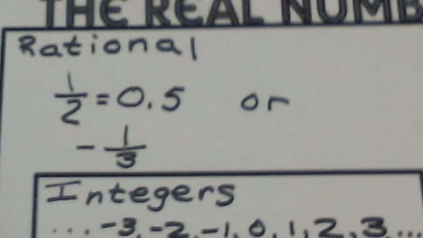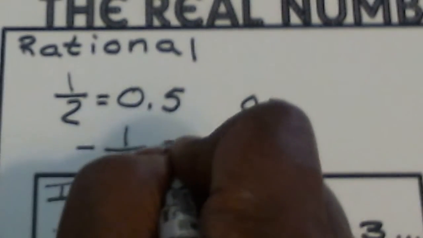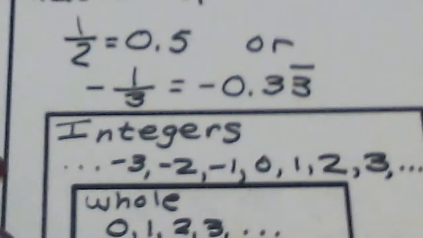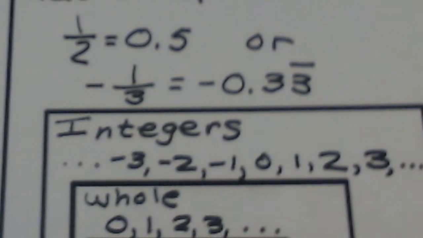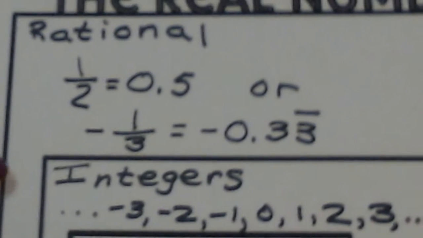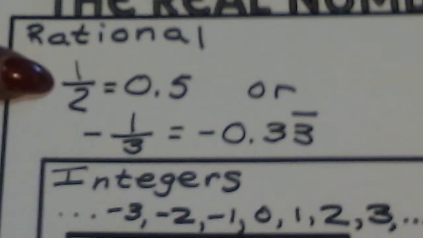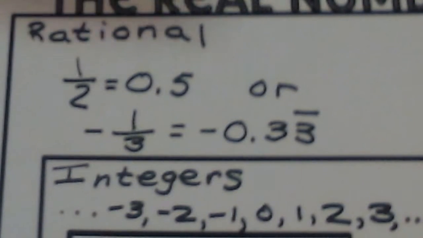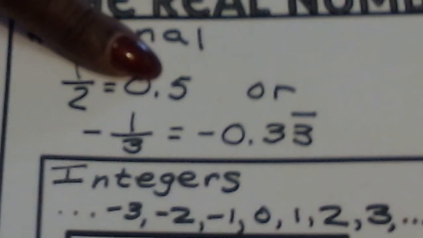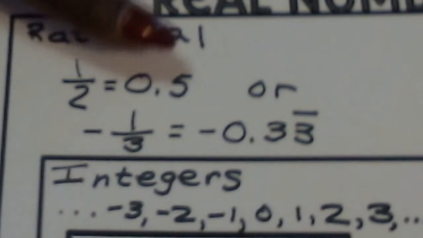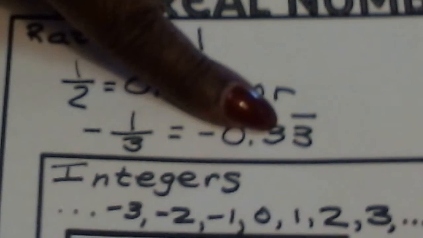So we can have -1/3 which if we write it as a decimal is negative 0.33. The 3 will repeat indefinitely. So rational numbers are numbers that can be written as a fraction. They can be both positive and negative. The decimal has to stop or terminate, or the decimal can go on indefinitely, but it has to repeat.